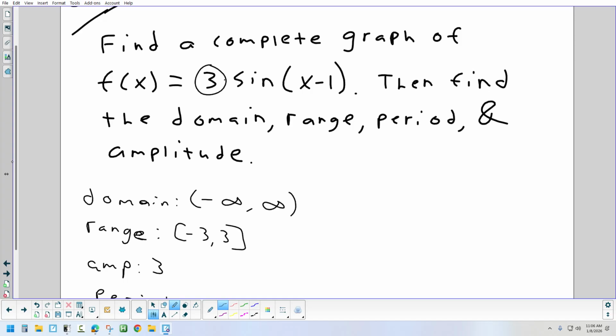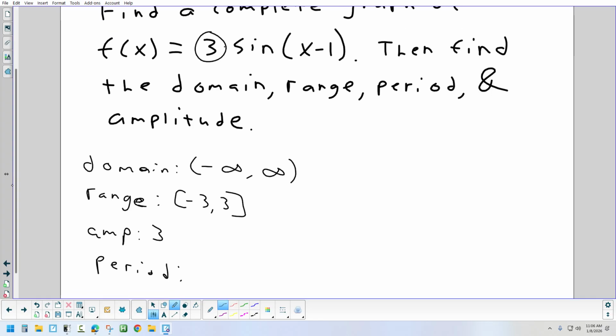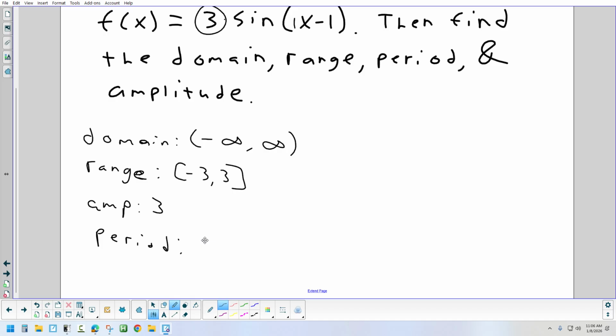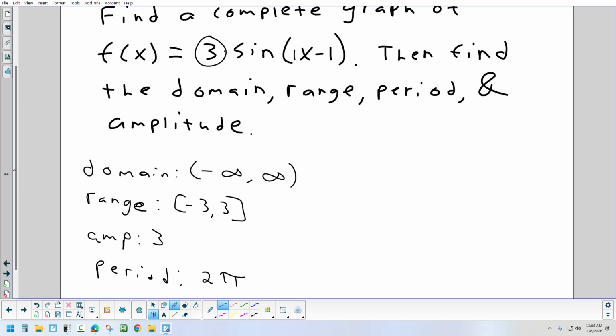Is it 2 pi over 3? Well, what's the formula again? 2 pi over b. What's b? 1. B's not 3. -1? That's a. A is -1. Oh, sorry, there's only 2. Positive 1. That's good. Just 2 pi. So it's just 2 pi. This graph does not have a change in period.